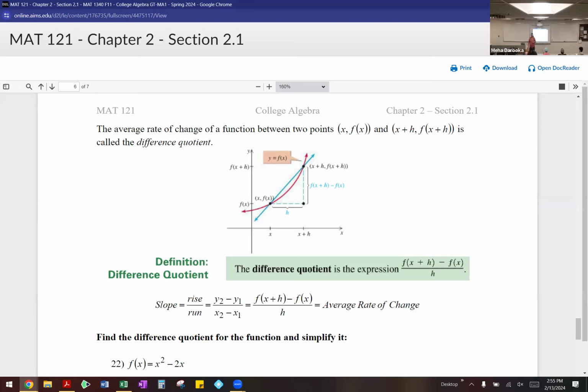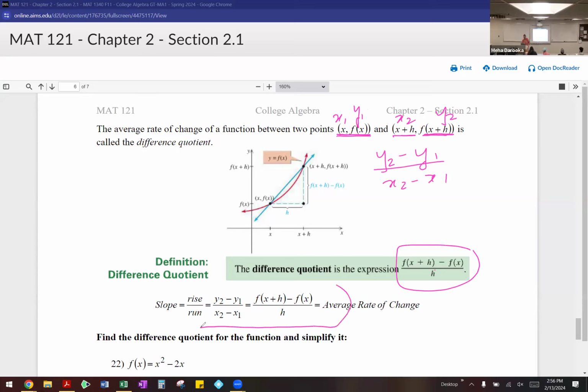So you can see our two ordered pairs are going to be x comma f of x, and then x plus h, because you've moved horizontally a little bit distance and its corresponding y value. So what happens here, of course, you're doing y1 here, y2 here, x1 here, x2 here. Additionally, what's happening with this is if you just again use the slope formula, I'm kind of showing you that in here.